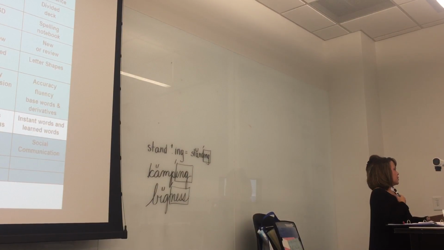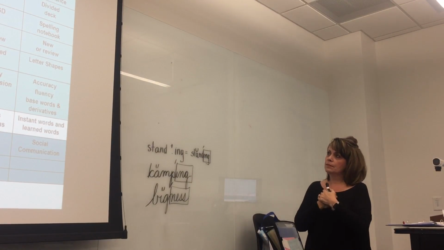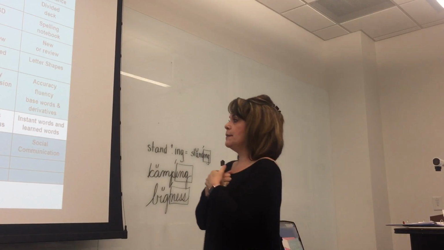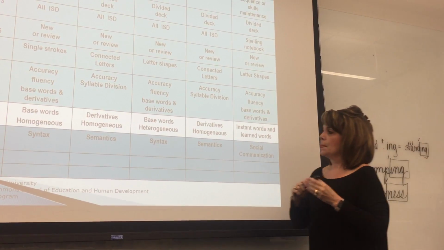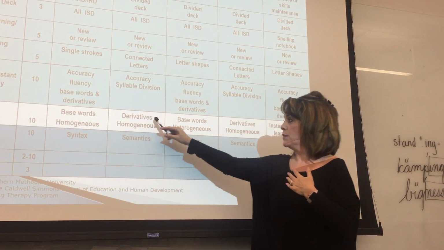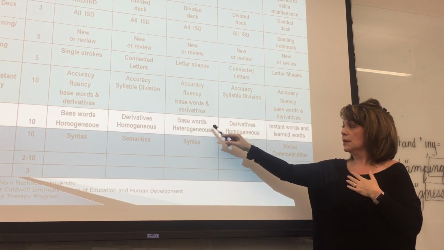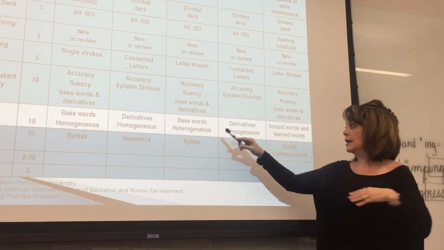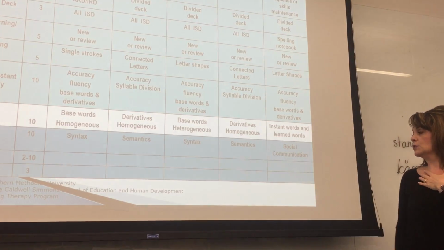Okay, so look at spelling. I know it says verbal expression is the last thing entered in, but look at spelling practice. It is highlighted. How long is spelling? Ten minutes. And look: base words, obviously without the suffix, homogeneous list. Derivative, base word plus the suffix, homogeneous list. Base words, heterogeneous list, so everything you've learned in the past. Derivatives, homogeneous list, and then instant words and learned words.